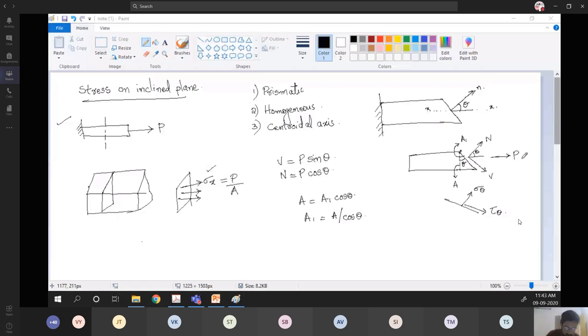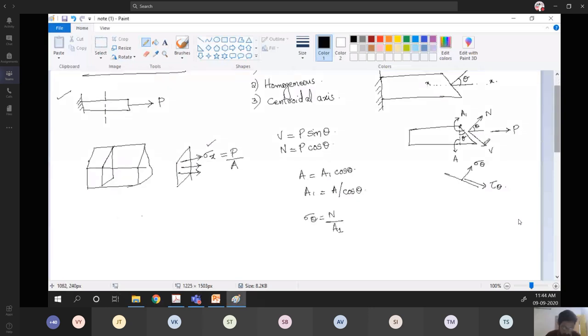Sigma theta is nothing but stress calculated as force by area. So sigma theta will be the normal force divided by the area. The area of inclination is A1, the cross sectional area. So sigma theta is given as P cos theta by A1, and A1 is nothing but A by cos theta. It will come as P by A cos square theta.